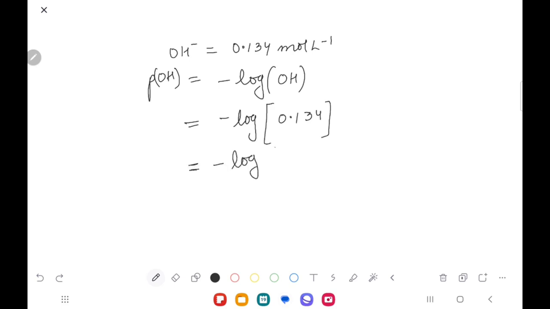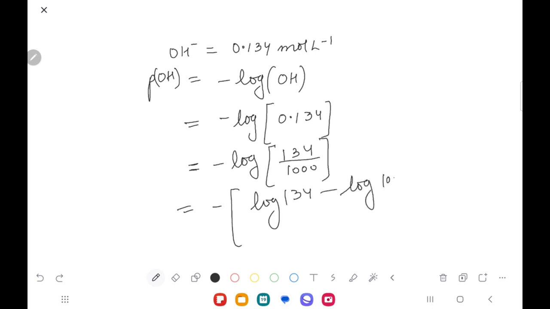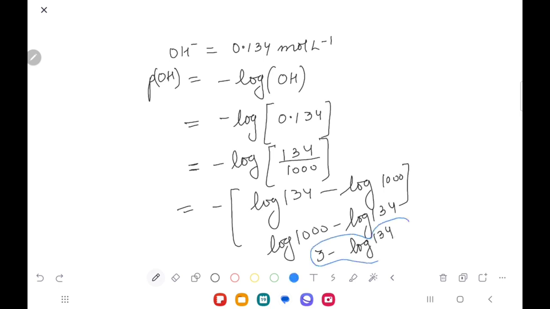So that would be what? Minus times log of 134 over 1000, and minus times log of 134 minus log of 1000. So if you take the minus sign inside, it becomes log 1000 minus log 134. Log 1000 is 3. So 3 minus log 134 is going to be this. Understood or not? This is going to be pOH.